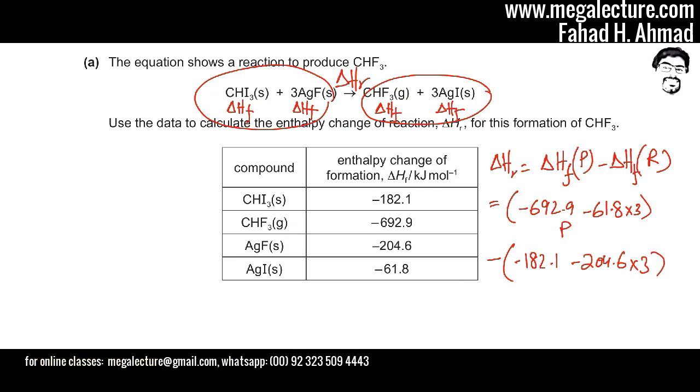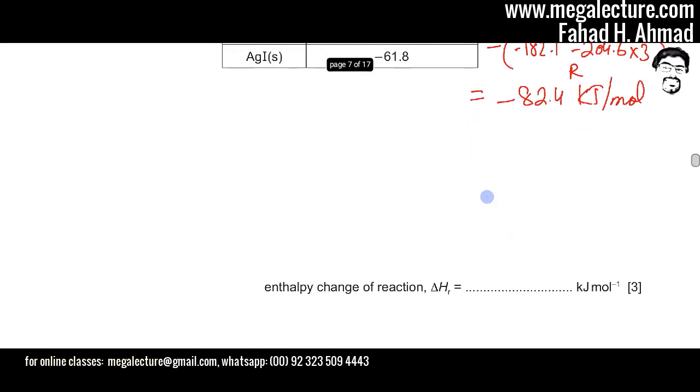So it's the enthalpy of formation of the products minus the enthalpy of formation of my reactants. And the value that I'm going to get for this, on my calculator, is minus 82.4 kilojoules per mole. So I'm going to write this over here. This is where the working should have been done: minus 82.4 kilojoules per mole.